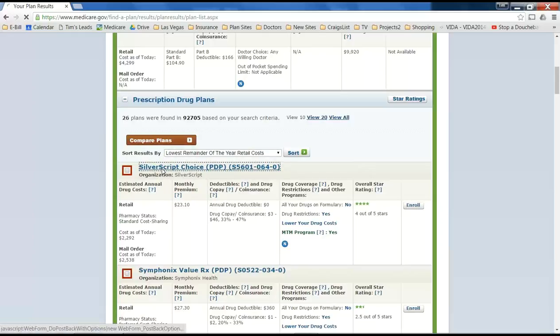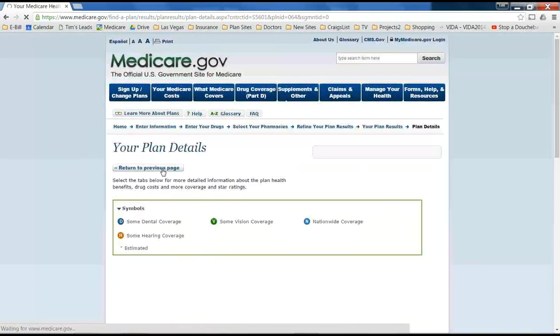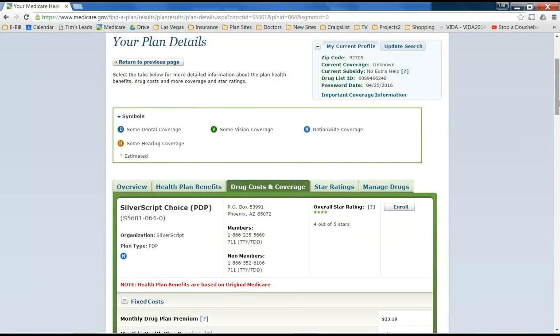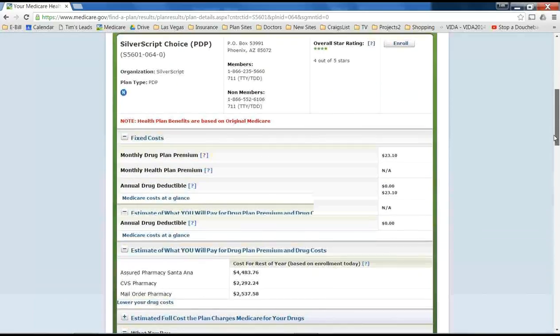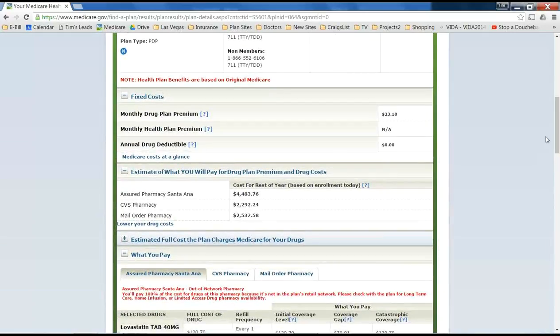I'm going to click on Silver Scripts, and it's going to give us more detailed information about their cost, et cetera. So at that Assured pharmacy, the cost for the rest of the year would be $4,483. At the CVS pharmacy, it would be $2,292, and mail order would be $2,537.